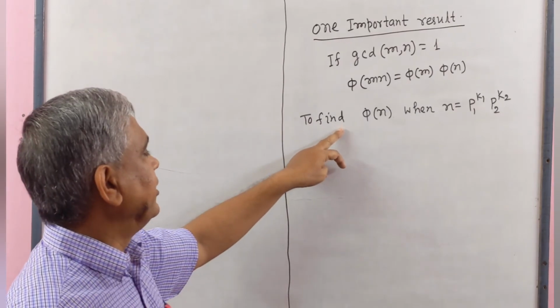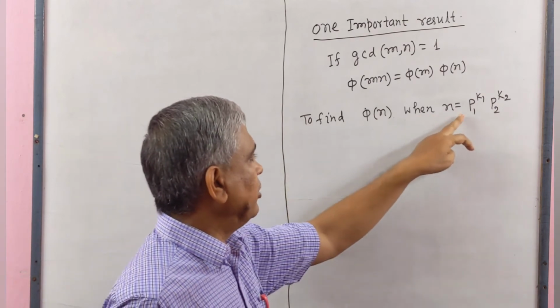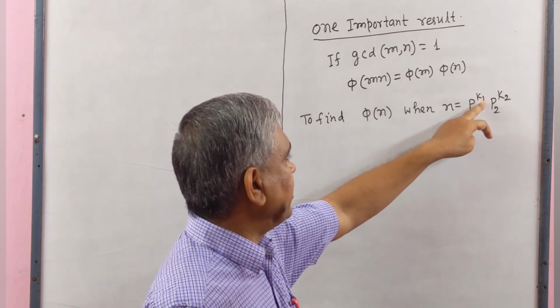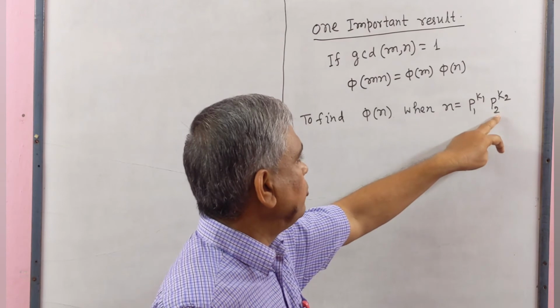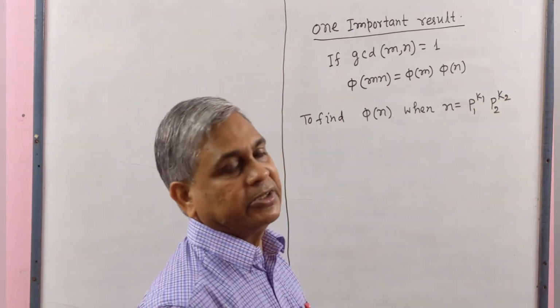Now we find Euler's phi function of n when n equal to P1 to the power K1 multiply P2 to the power K2, where P1 and P2 are prime numbers.